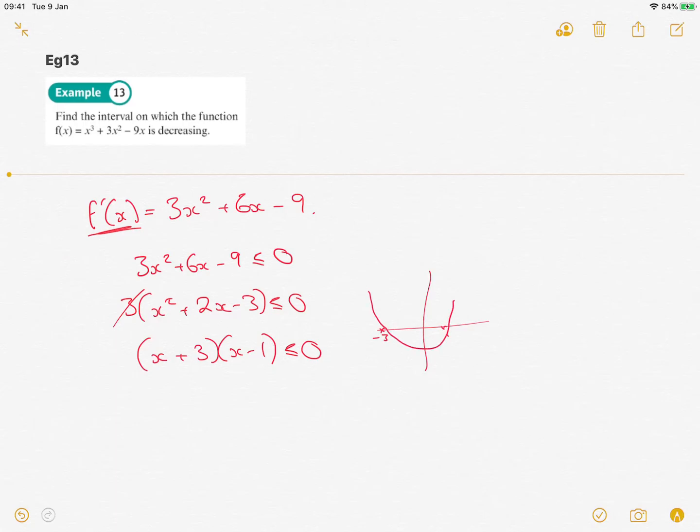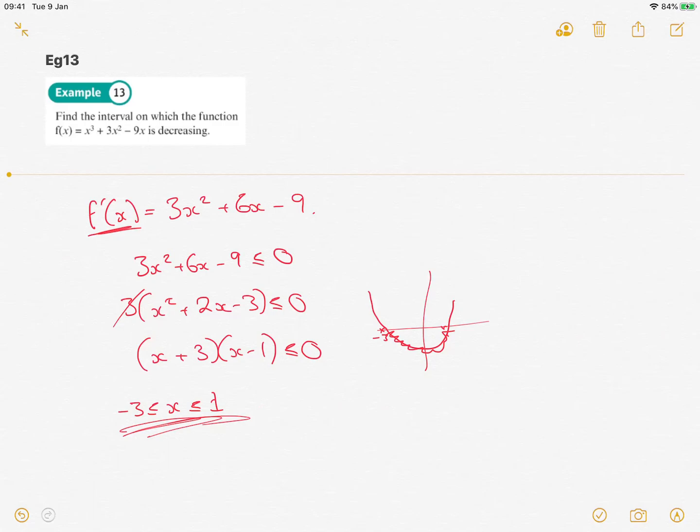So it would look like that. We're after the bit that's less than or equal to 0, so that means that x is between minus 3 and positive 1. So that's where this is a decreasing function, because the gradient is less than 0 at all of those points.